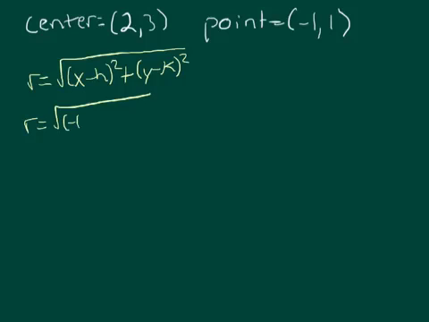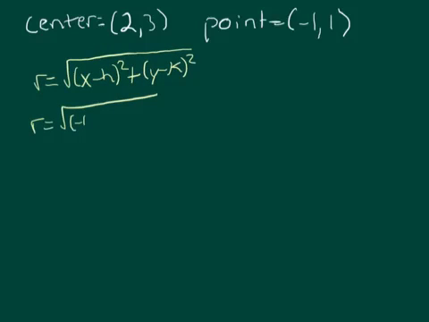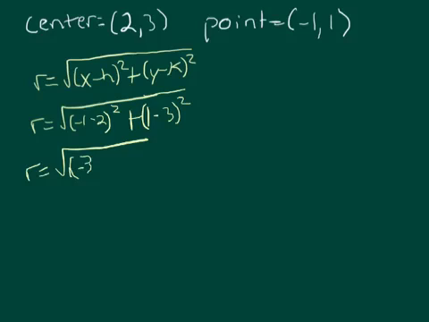So radius is equal to the square root of negative 1 minus 2 squared plus 1 minus 3 squared. So radius in this sense is the square root of negative 1 minus negative 2 is negative 3 squared, and 1 minus 3 is a negative 2 squared.